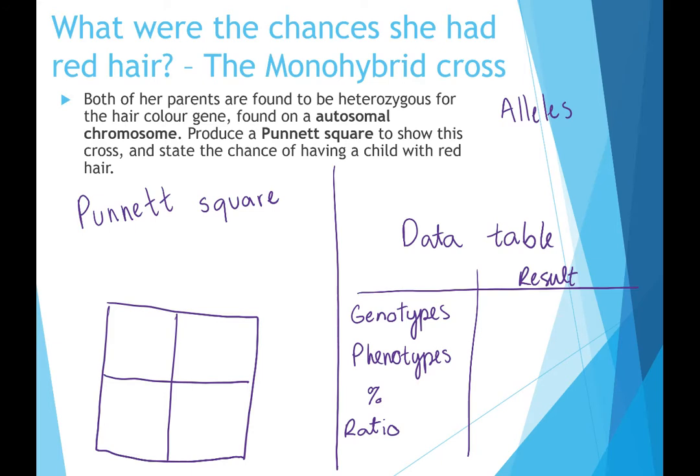Okay, before we do any of this, we need to identify the alleles. All right, and we did that before, but let's say the big H was black hair, and the little h is red hair. All right, now that we've identified alleles, we're going to place them onto a Punnett square.